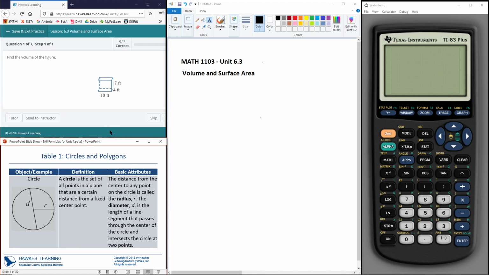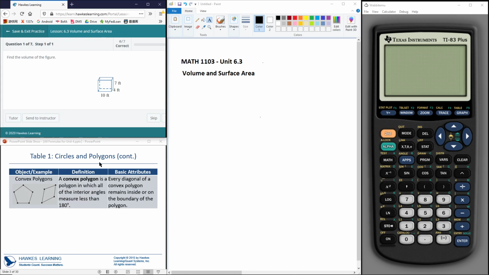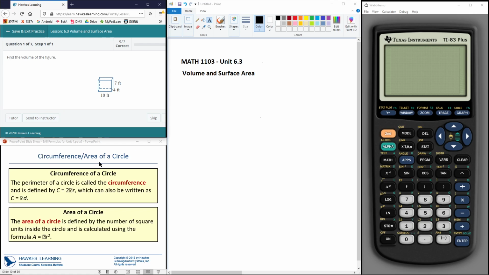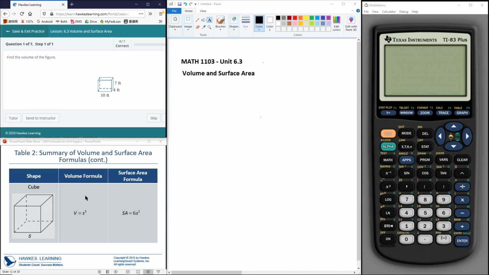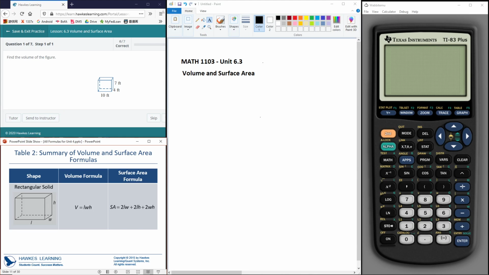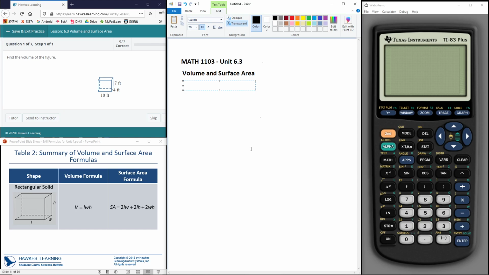Now, look at this. The first problem says the volume of this figure is a cube. Of course, you know area is length times width. Volume of a cube is just length times width times height. It's actually like a rectangular solid, so it's length times width times height.